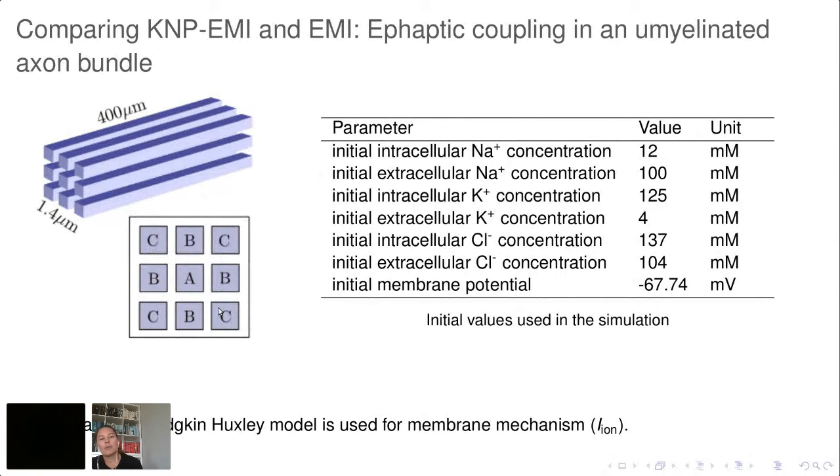And for the ephaptic coupling study, we consider 2 different scenarios. One where we only stimulated axon A here in the middle to see how that affected the 8 axons surrounding it. And then one more extreme case where we stimulated all 8 axons here, B and C, to see how that would affect the 1 axon in the middle.